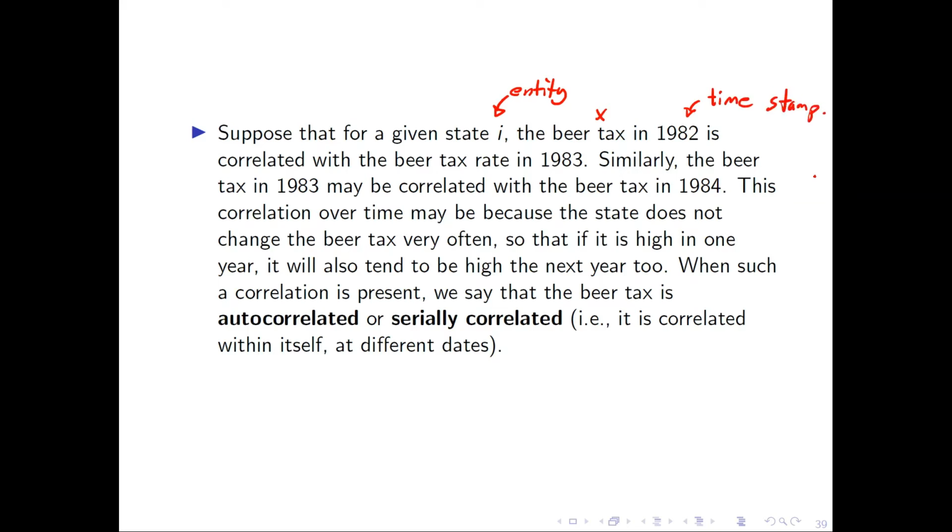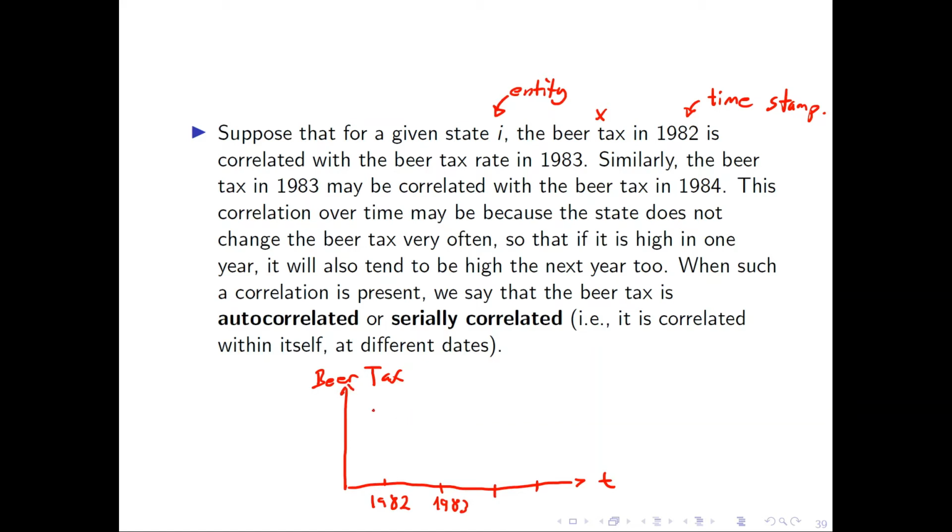What you do is that you look at the beer tax and you look at the time, and here you have 1982, here you have 1983, and so on.